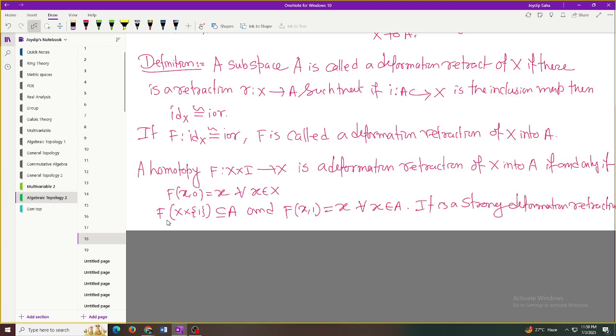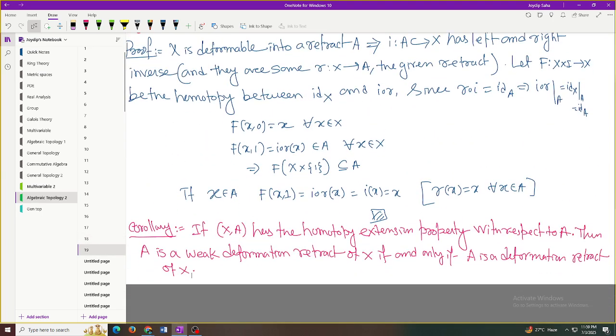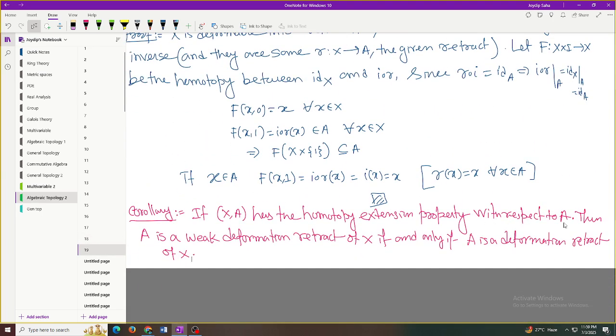Now go to the corollary. Homotopy extension property with respect to A, A is a weak deformation retract. Okay. A is a weak deformation retract. That means what?